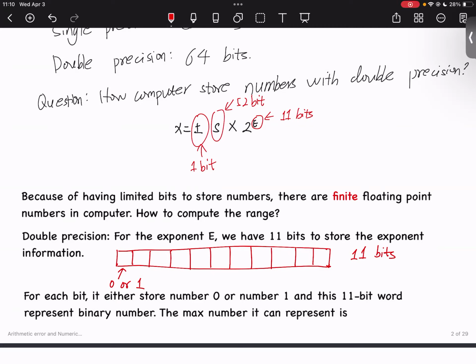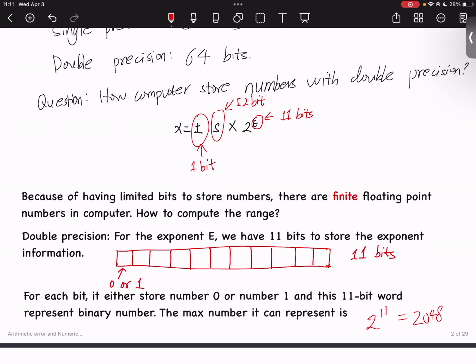From the combinatorial knowledge, we know the maximum number you can represent should be 2 to the power of 11, because for each bit you can have 2 options. So here we have 2 to the 11, and this number equals 2048.